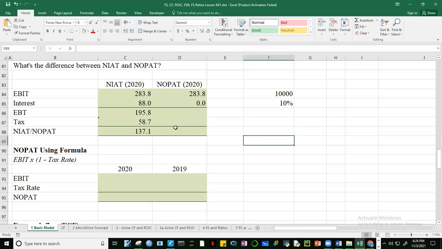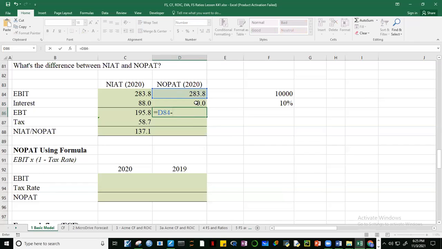So we will assume that the company has no interest expense because we're computing for operating profit. Notice, guys, that our earnings before tax, our taxable income, will be the same as your EBIT because we're not subtracting any interest.